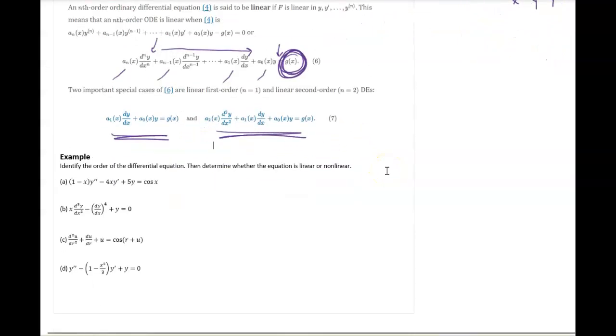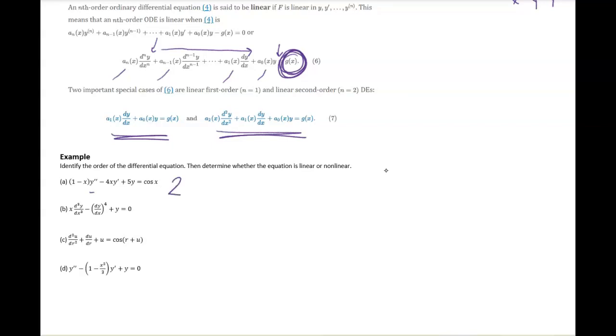Here's our example that I want us to do together. We're going to identify the order of these all first. Then we'll talk about whether or not it is in linear form. And if it's not linear form, we're not going to worry about if it's differential or normal form or neither. We're just going to say, yes, it's linear, or no, it's not. Looking at A, I'm noticing I have y double prime as my highest derivative.